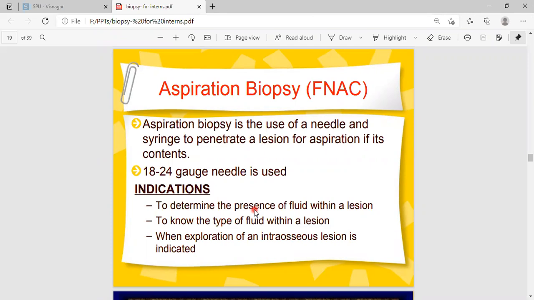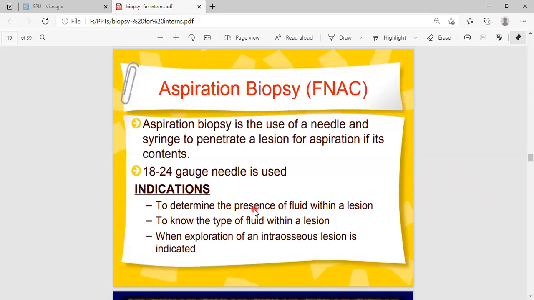Even in bony lesions or odontogenic cysts, you aspirate it. The aspiration can be done to understand the nature of the fluid. For example, if you aspirate and examine the aspirate, there is dentigerous cyst and OKC.